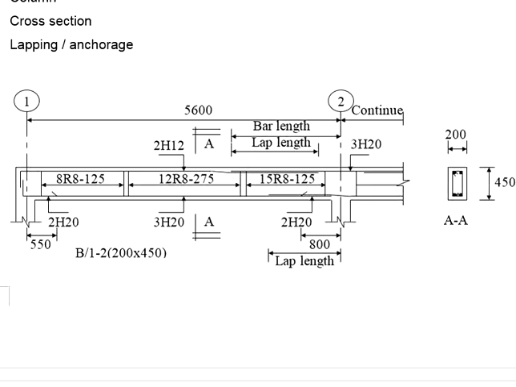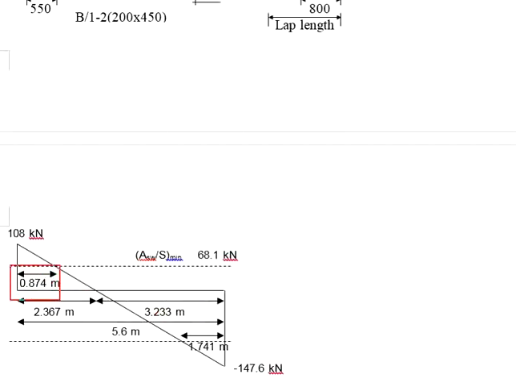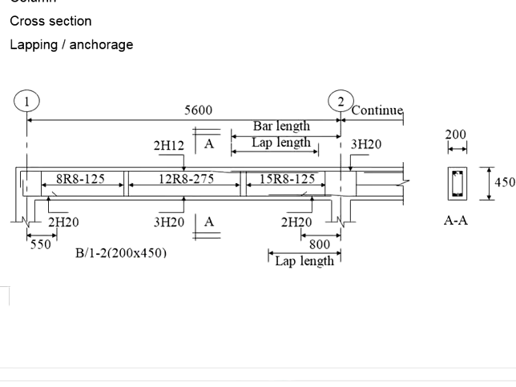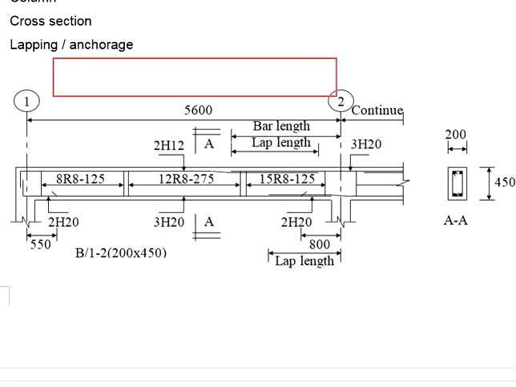How do you do that? You use this length divided by the spacing of 125 plus 1 extra shear link. Why do you need to add that extra shear link? Let's say you are dealing with this stretch of beam.